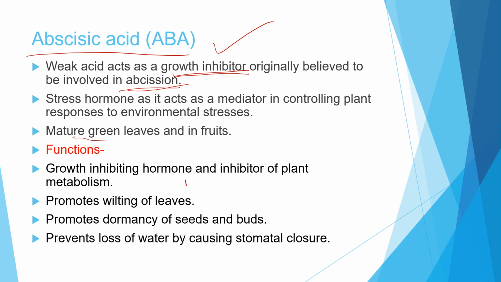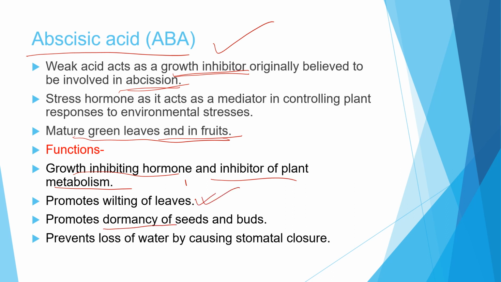Mature green leaves and fruits mature in the presence of abscisic acid. Now what are its main functions? It is a growth inhibitory hormone and an inhibitor of plant metabolism. It promotes wilting of leaves.